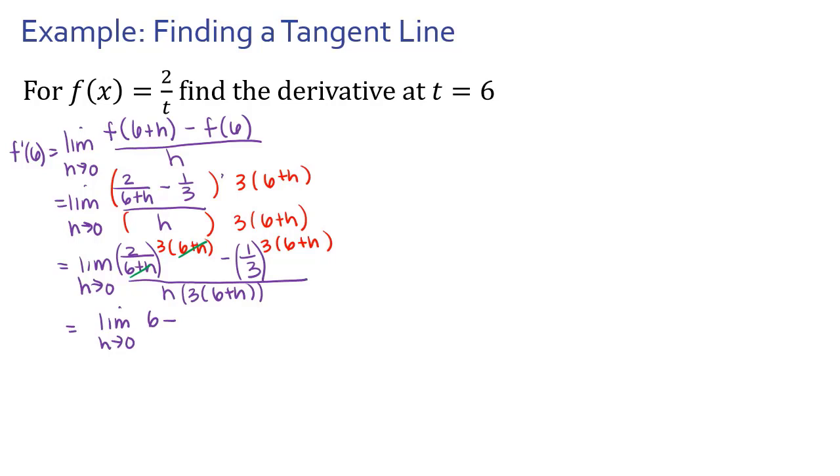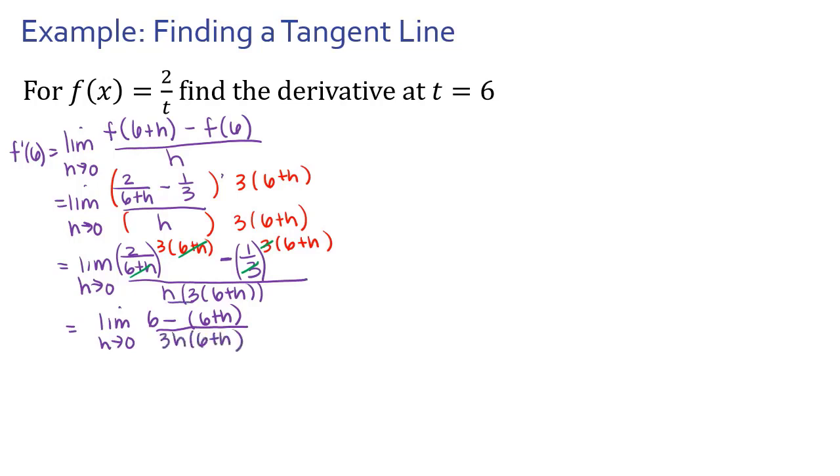Over here, the 3's cancel, and I'm left with minus 1 times 6 plus h. So I have to remember that this negative applies to the entire quantity 6 plus h. And then again, that's all over 3h times 6 plus h.